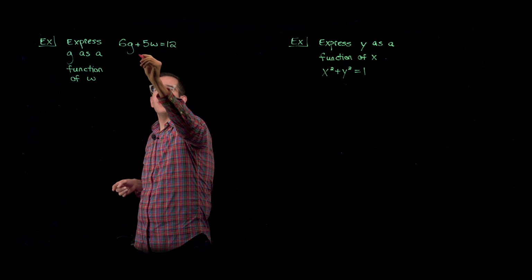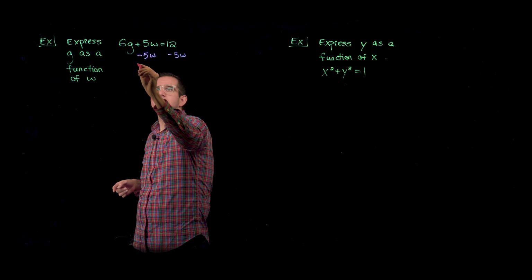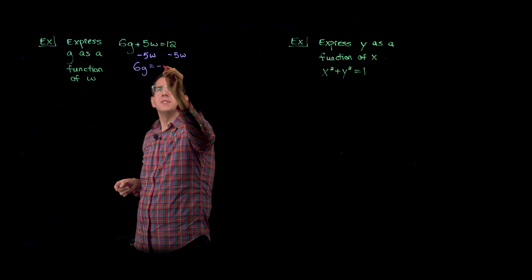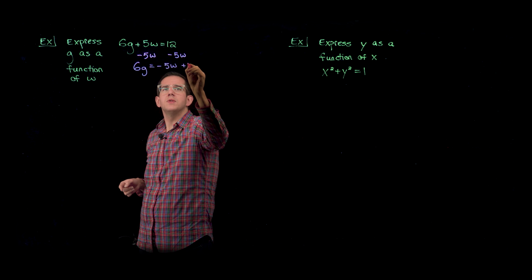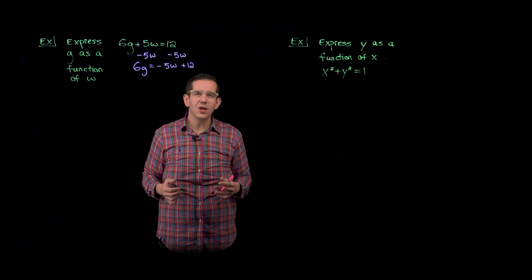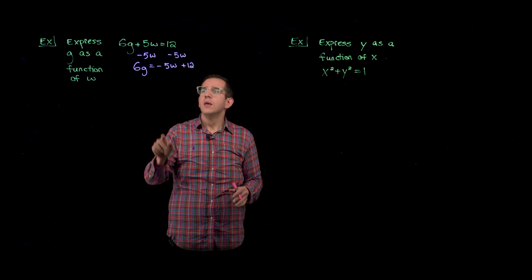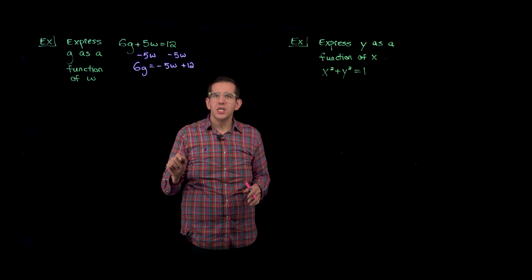We'll start by subtracting this 5w to the other side to get 6g equals negative 5w plus 12. You can write 12 minus 5w, but it's a good idea to order by exponent as a general rule. At this point, we want to get g alone.